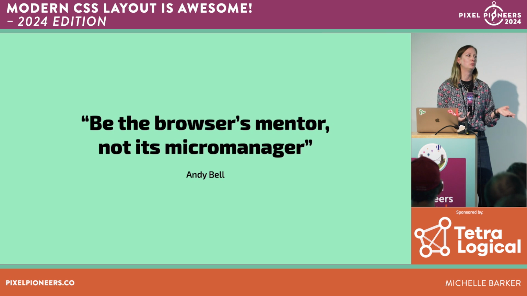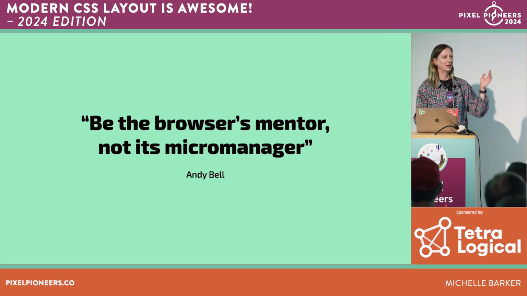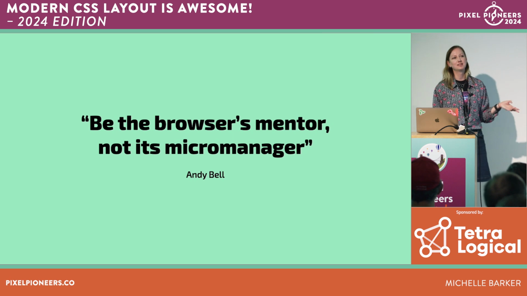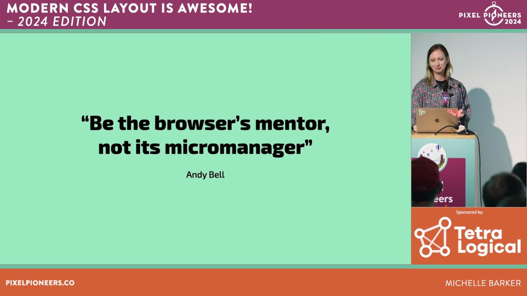Let it make informed choices based on content and context. So as my friend Andy says, be the browser's mentor, not its micromanager. And that's something I try to keep in mind when I'm building layout.